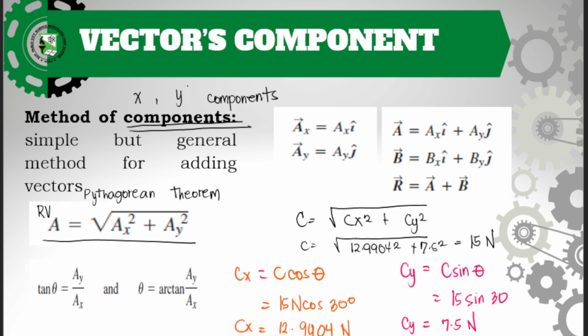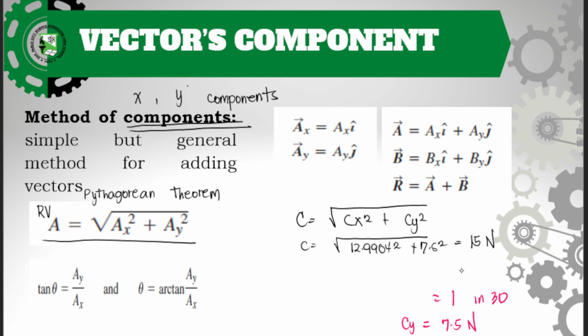So the Pythagorean theorem is only used for finding the magnitude of the vector. Since we're talking about vectors, we also need to find its direction by finding the angle.